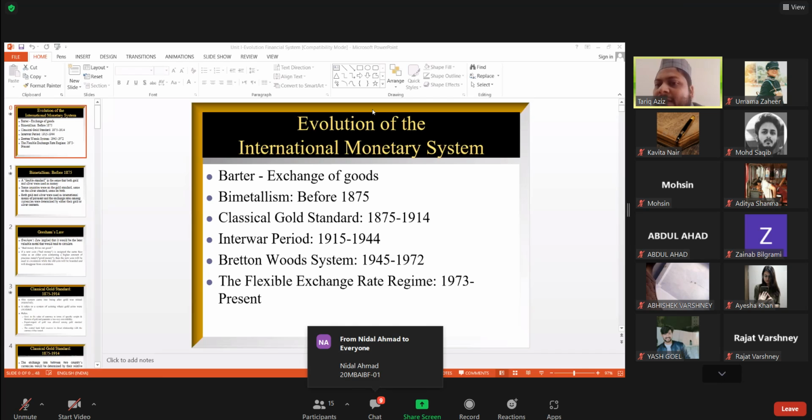And after 1972, this Bretton Woods system, the rules that were decided in that conference, also collapsed. So right now, the system that is there all around the world is a system of free market or flexible exchange rate regime.